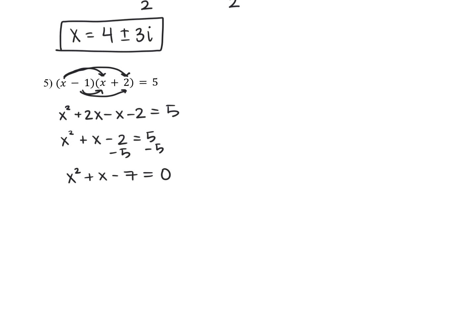Now I can use the quadratic formula. So a is going to be 1, b is going to be 1, and c is going to be negative 7.